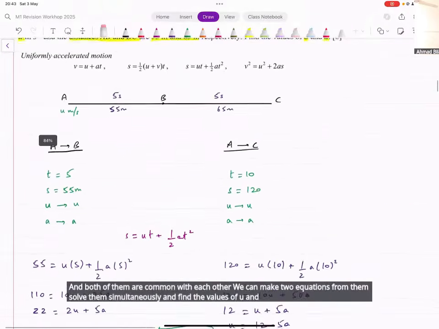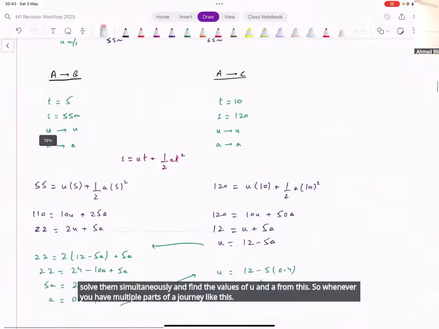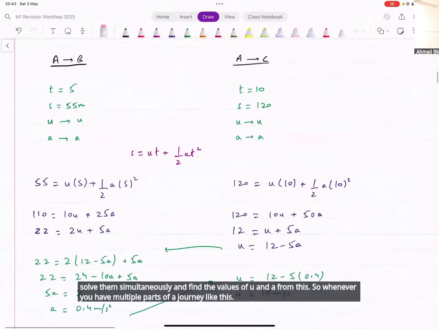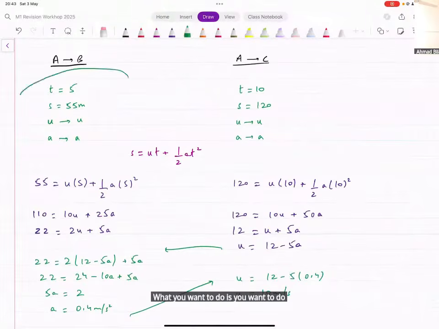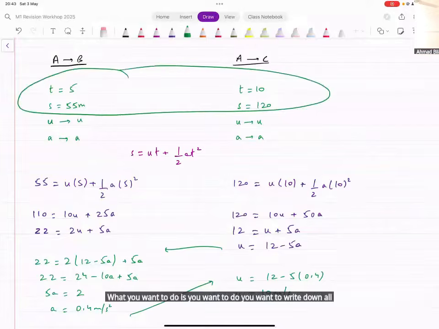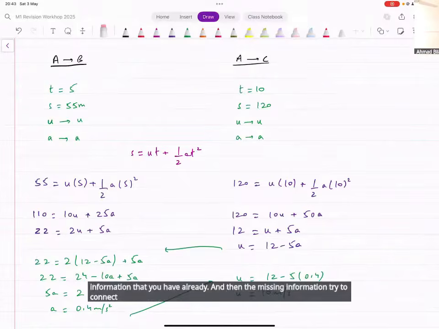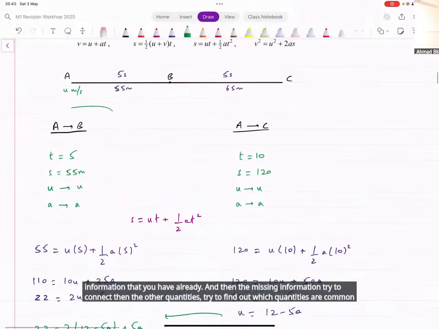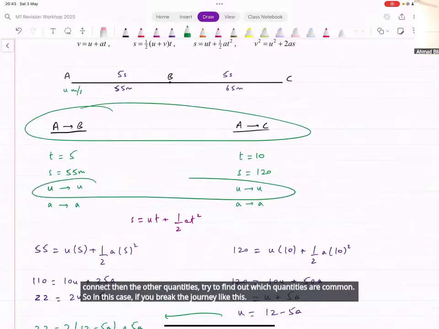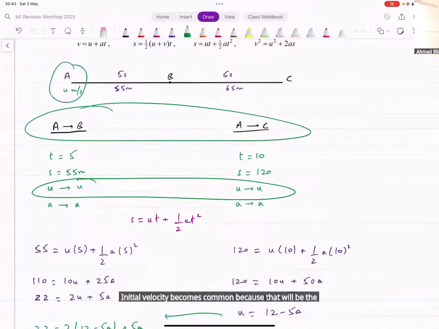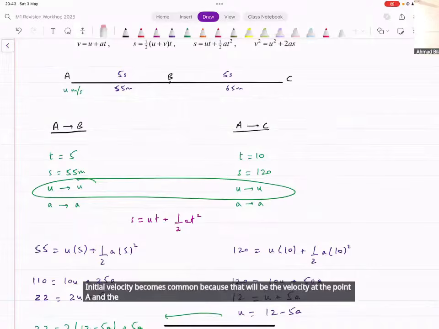So whenever you have multiple parts of a journey like this, what you want to do is write down all the information that you have already, and then for the missing information, try to connect the other quantities, try to find out which quantities are common. So in this case, if you break the journey like this, initial velocity becomes common because that will be the velocity at the point A, and the acceleration was constant throughout.